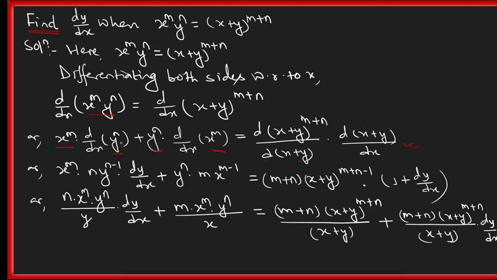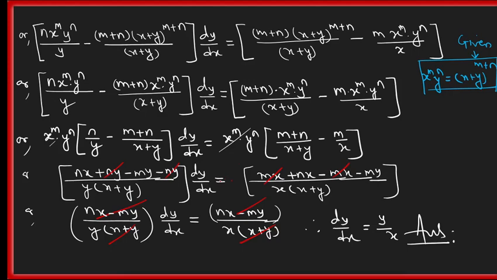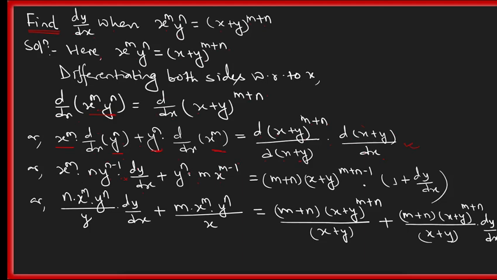So first no change derivative of second is n y to the power n minus 1 dy by dx, with respect to x, so we multiply this for y, plus y to the power n times m x to the power m minus 1, equals power rule m plus n times x plus y to the power m plus n minus 1, and for the second part the derivative of x is 1 and the derivative of y is dy by dx.